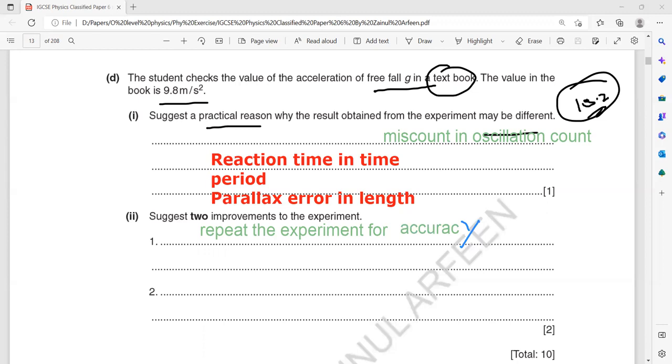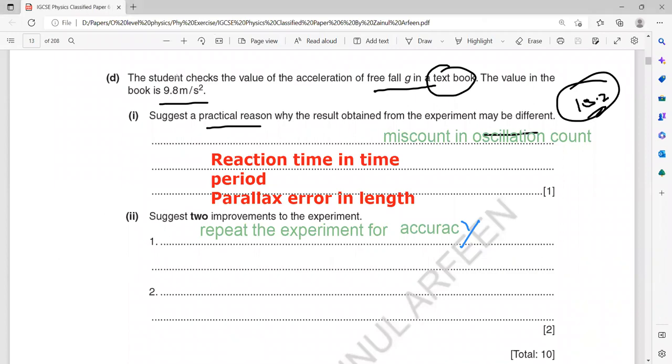Or the second way to improve the experiment: if you want to identify the errors, you should always plot a graph. Basically, when you are plotting a graph, you are improving it, because when you plot a graph, you need more values, and you get more values by repeating.